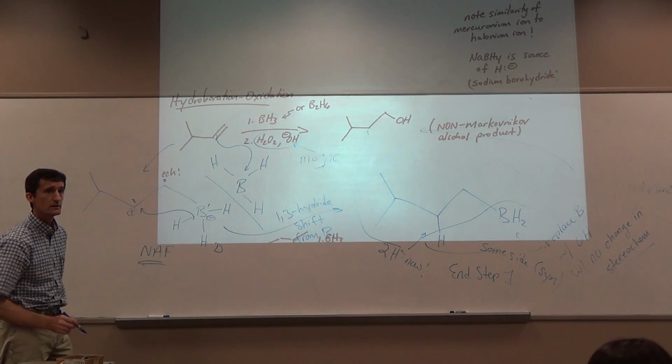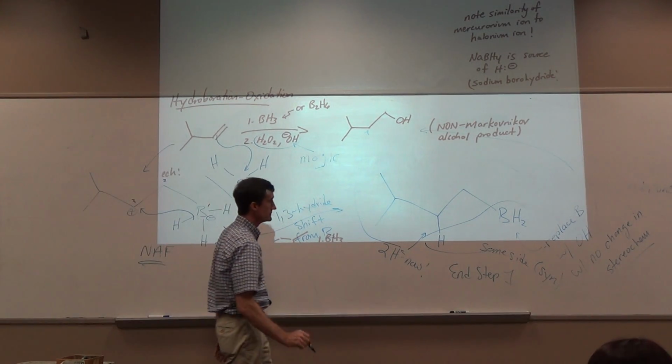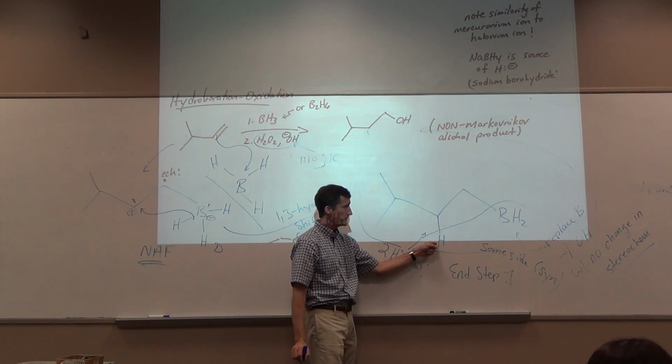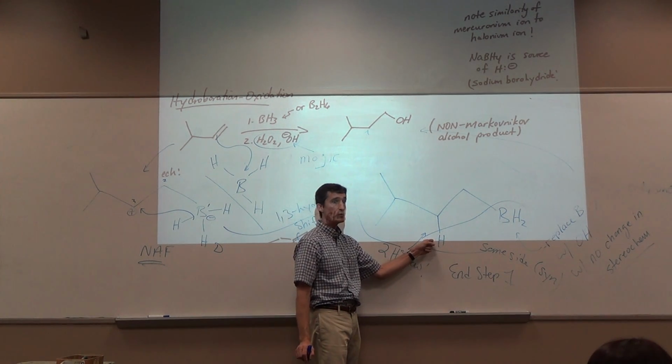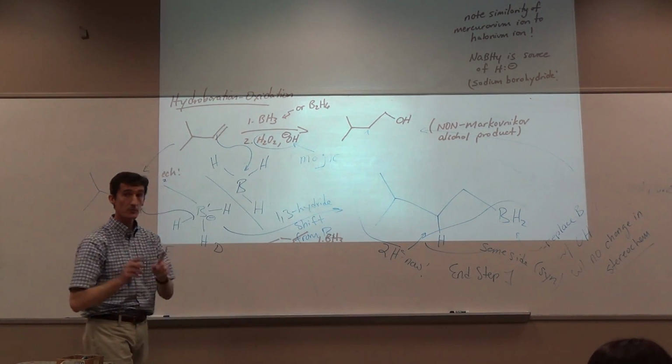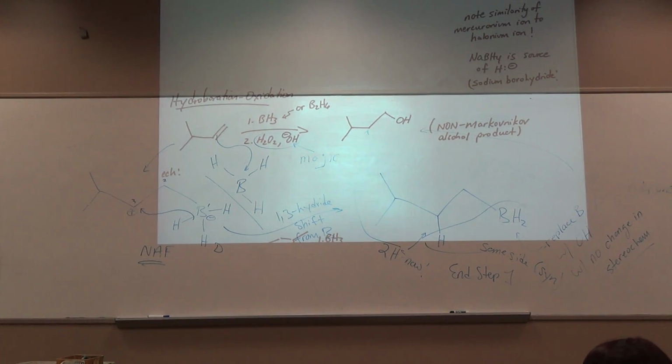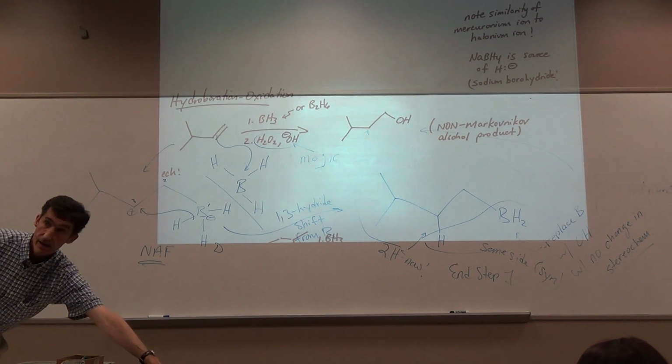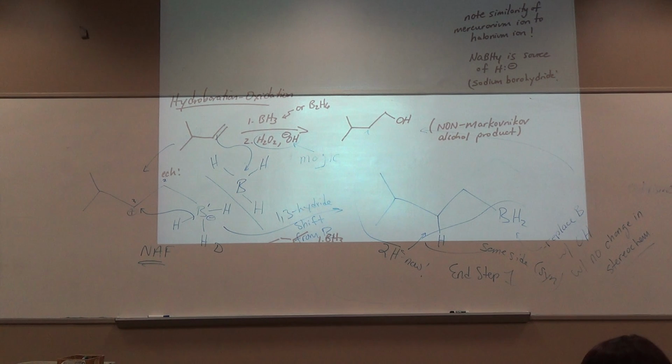Question: aren't there two hydrogens on the carbon? This is the new one, though. The new H and the boron that we added across the double bond are on the same side. Why is it the same side? It's pretty straightforward. If this is the side, let's say the front, you're the boron, you sat in the front row. I'm going to make a bond to you.